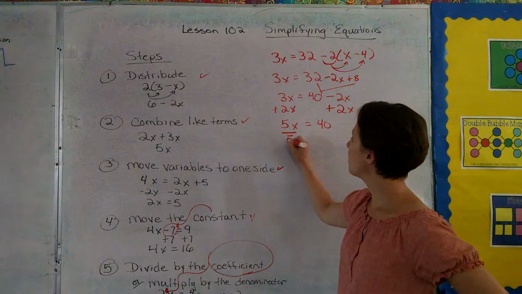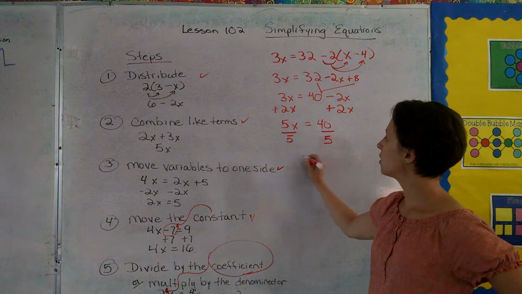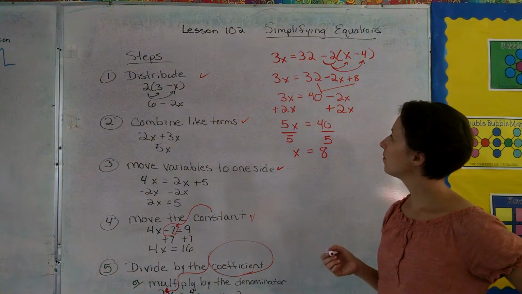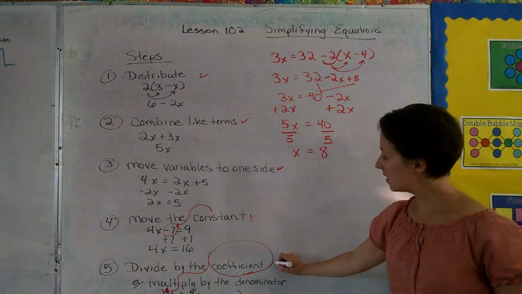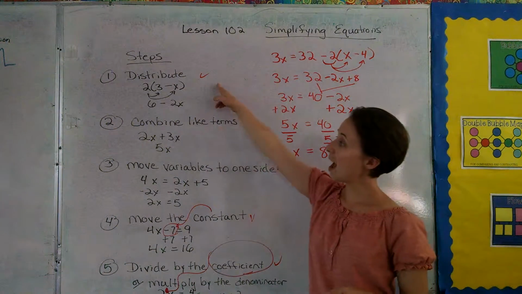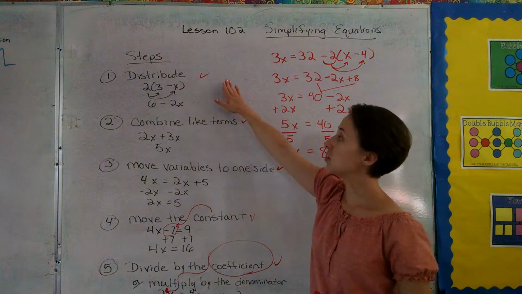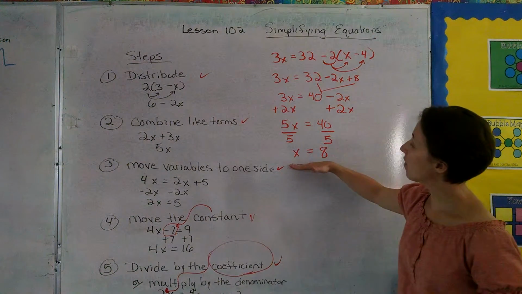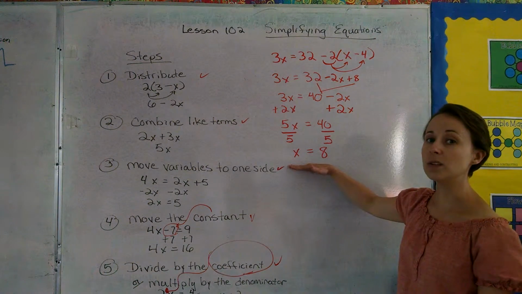Divide by the coefficient. x equals 8. You're going to use this exact same process for all of your problems. You may not have every step, but you need to try every step in order to make sure that you get to the final answer, which should be x equals a number.